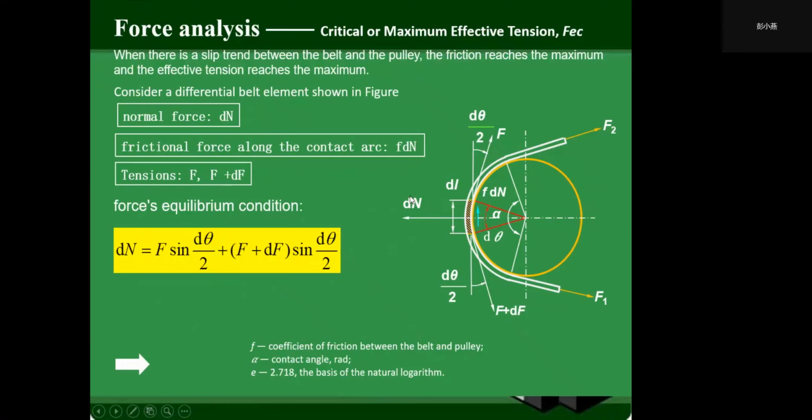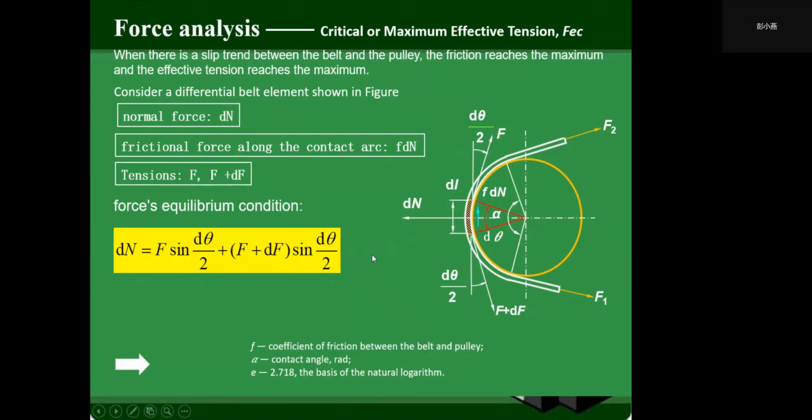So we have dN equal to the horizontal components of F and F plus dF: dN is equal to F times sine half of d theta plus F plus dF times sine half of d theta.